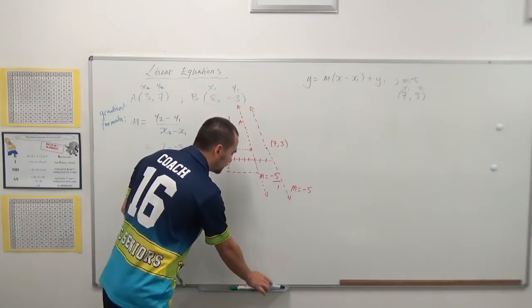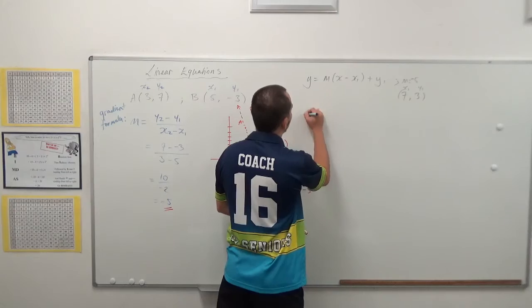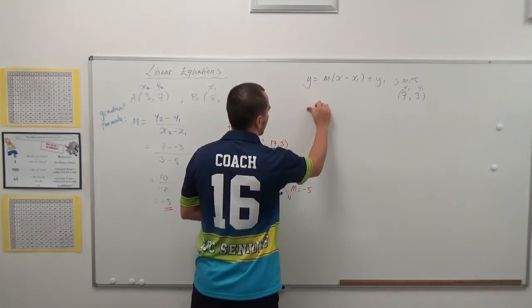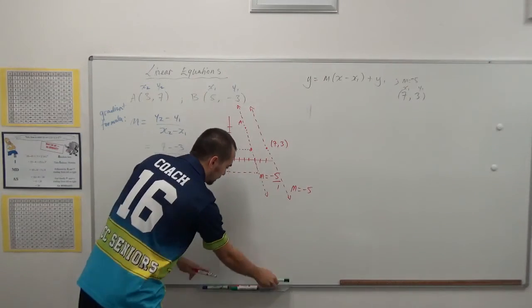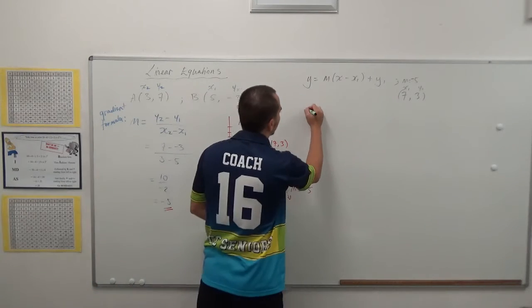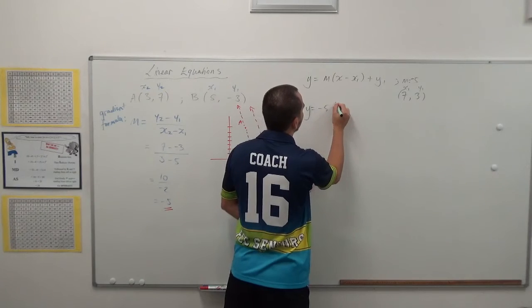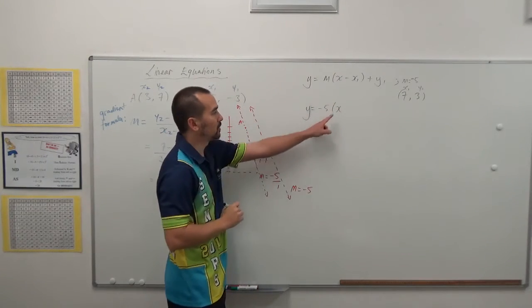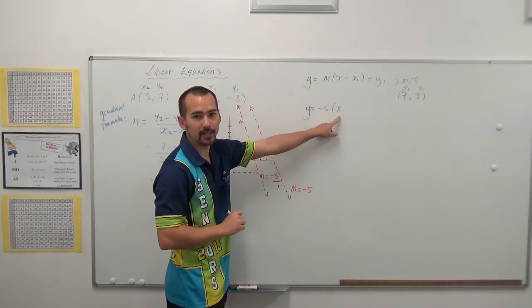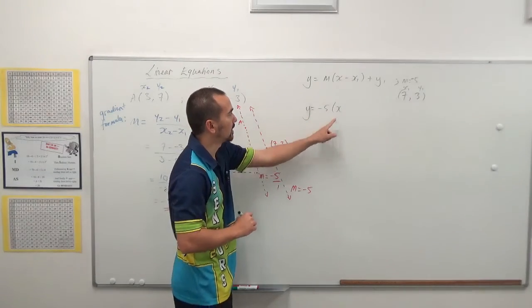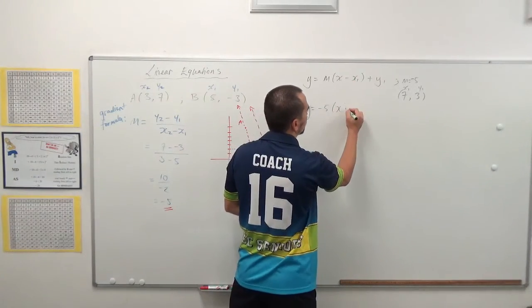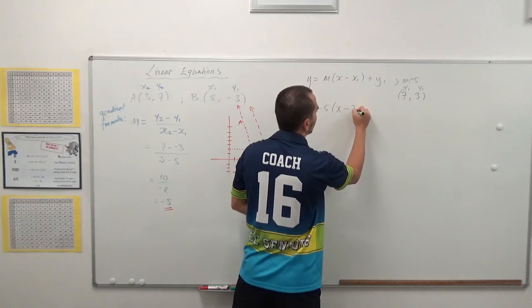So, my blue is done. m is -5. That's the variable x, that's the variable y. We're not plugging anything into the y and the x. There's x1, which is 7.